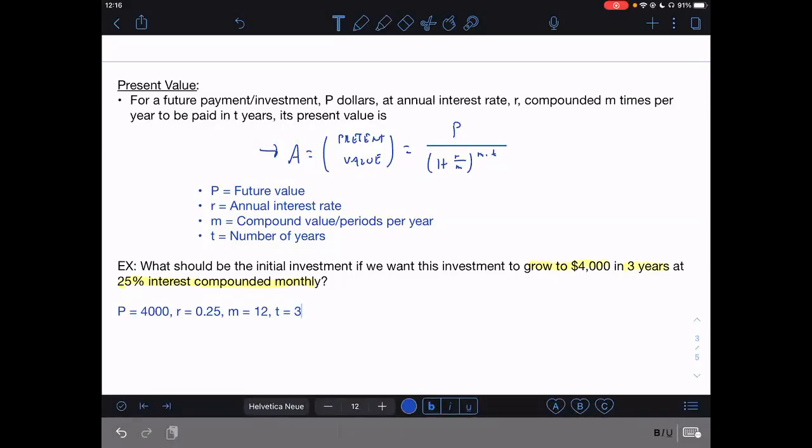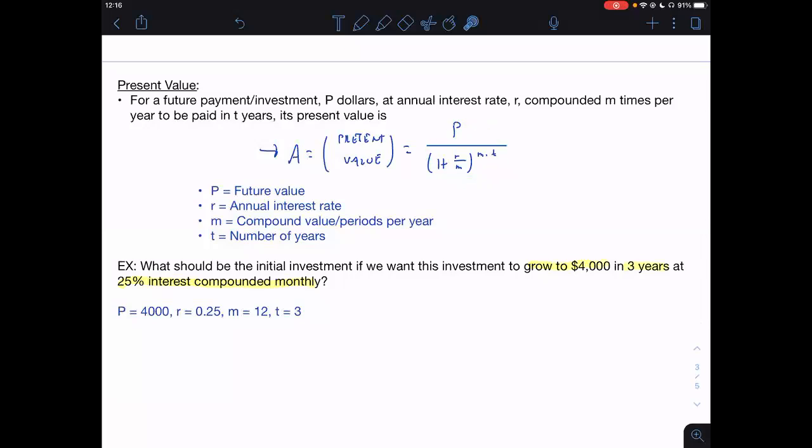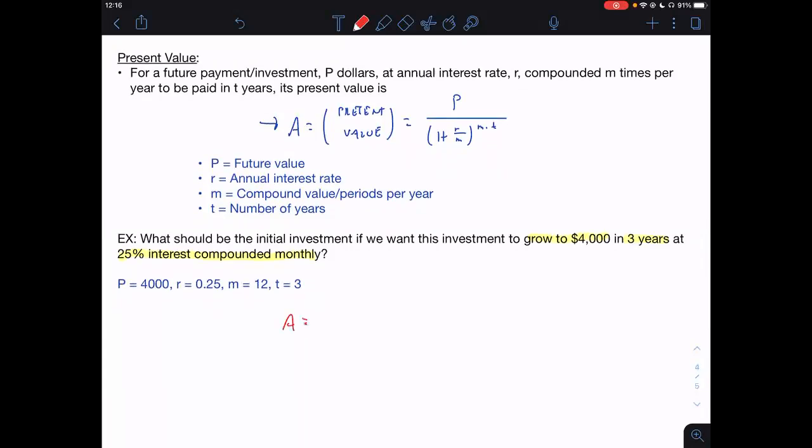Okay, so we have every component that we need to plug into this equation now. All right, so we can have A equals our future value, which is going to be 4,000, divided by parentheses 1 plus our interest rate of 0.25 divided by the number of compound periods per year, which is 12, close parentheses, and this will be raised to the number of compoundings per year, which is 12, multiplied by T, which in our case is 3. 12 times 3.